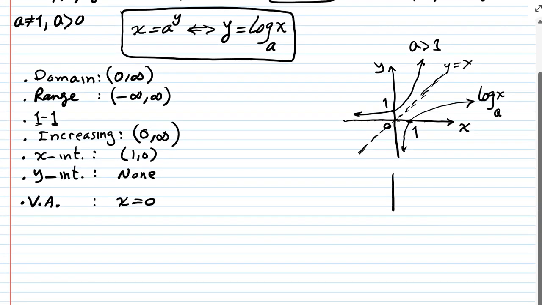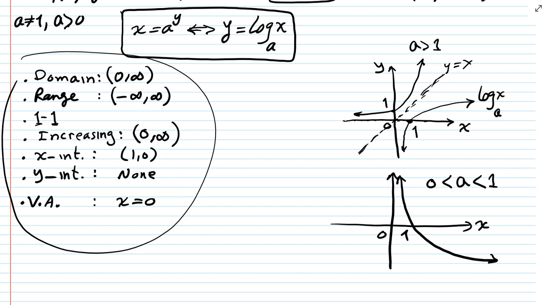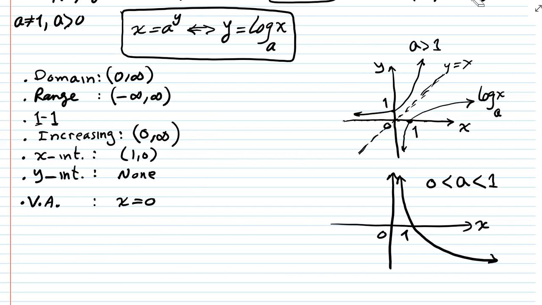Now, if the base of the log lies between 0 and 1, the graph is going to look like this. That will be the graph of the log function for bases between 0 and 1. Everything we said here still works, except instead of increasing, the function is going to be decreasing.